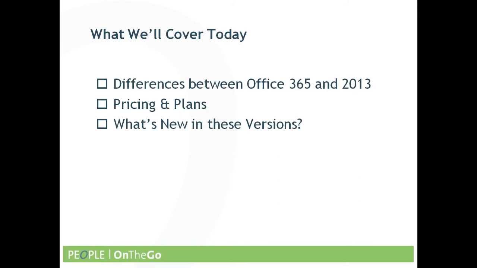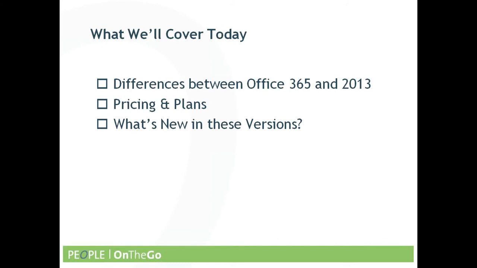And just a brief overview of what we'll cover. We're going to be talking about the differences between Office 365 and 2013. We'll also be talking about the pricing and plans in these latest versions. Microsoft has made some pretty major changes in the software distribution model. So how the software is delivered to you is quite a bit different than it has been in the past and quite a bit different in these two versions.